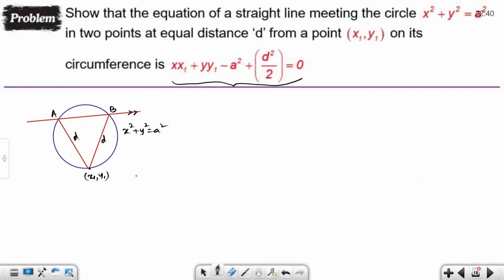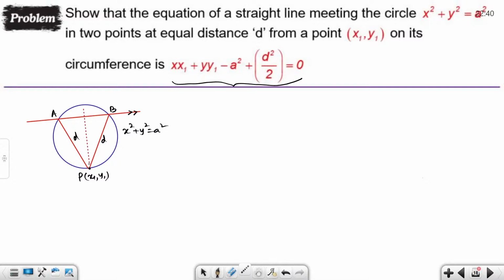So how to find it out? In this question, we will use a fantastic concept. But before that, let us try to solve this sum by a normal method. Now, one thing from the given information can come to our mind that, sir, point P, let us say this point is P, which is x1, y1, is such a point that it has equal distance D from A and B. So I can say easily that this point P is lying on the perpendicular bisector of AB, isn't it so?